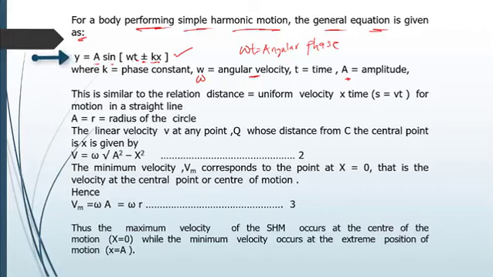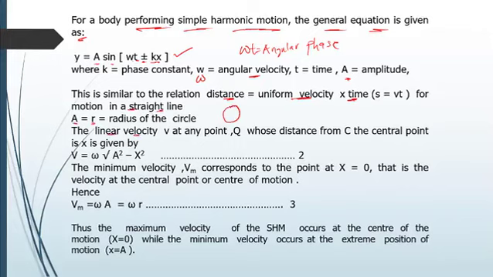This is used to solve problems based on simple harmonic motion. This is a general equation, and it is similar to the relation distance equals uniform velocity times time for motion in a straight line. Always remember that instead of having distance this time around, we're looking at a radius, since it is at an angle or moving in circular motion.